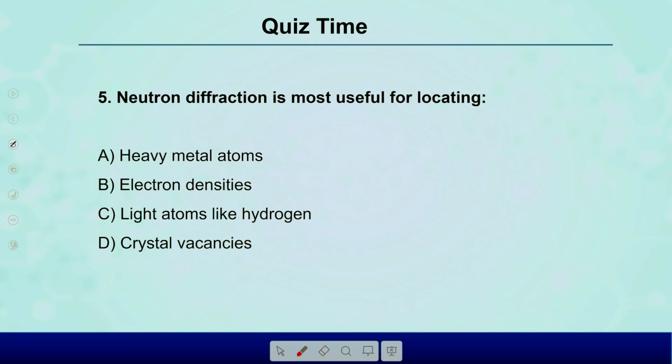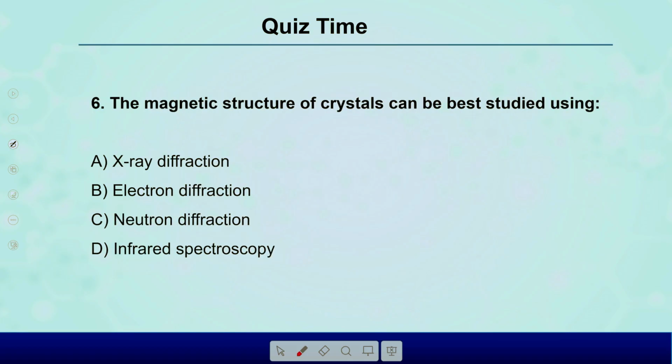Fifth question, neutron diffraction is most useful for locating heavy metal atoms, electron densities, light atoms like hydrogen, crystal vacancies. The last one, the magnetic structure of crystals can be best studied using X-ray diffraction, electron diffraction, neutron diffraction, and infrared spectroscopy.